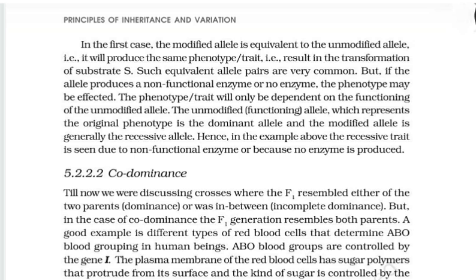The unmodified functioning allele, which represents the original phenotype, is the dominant allele, and the modified allele is generally the recessive allele.